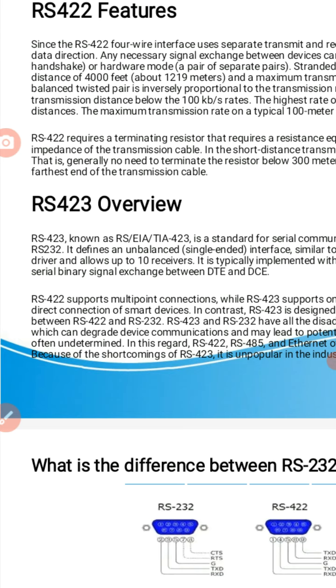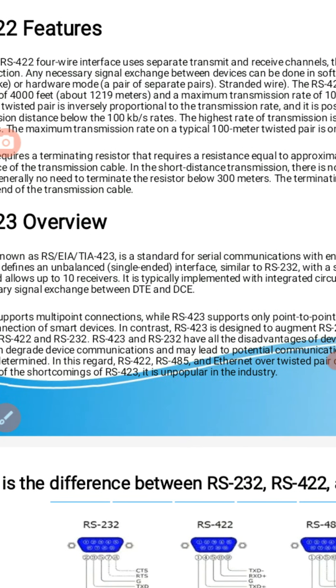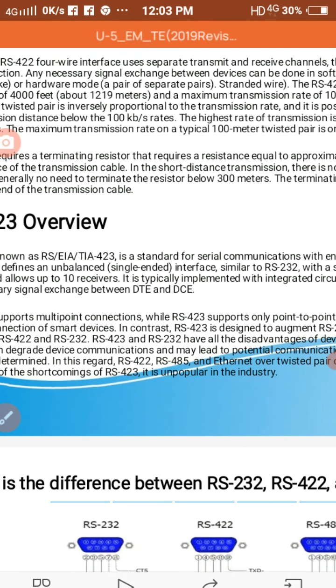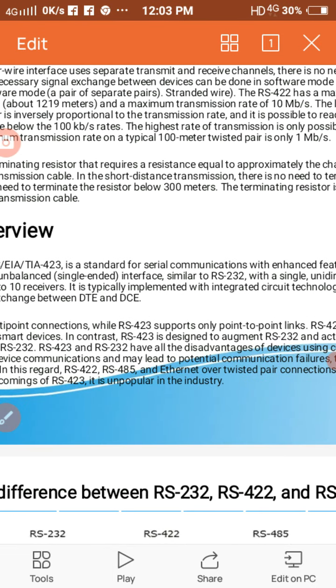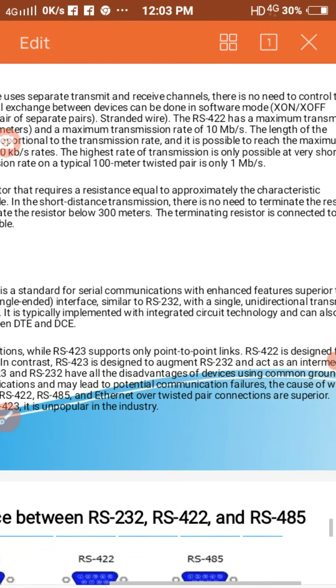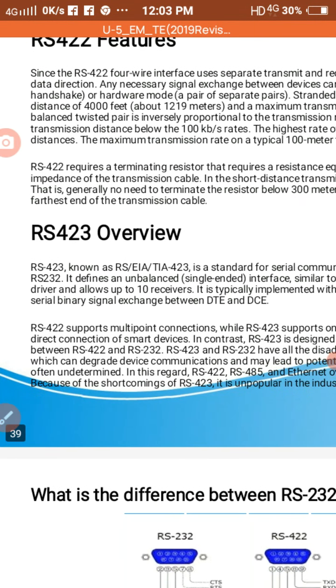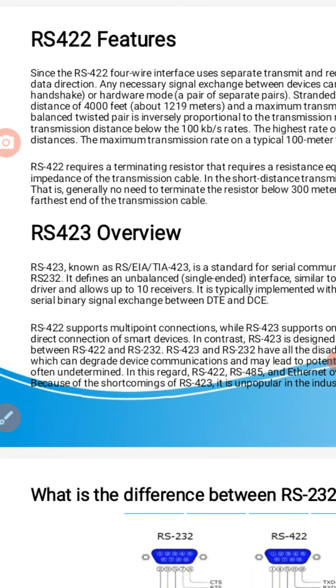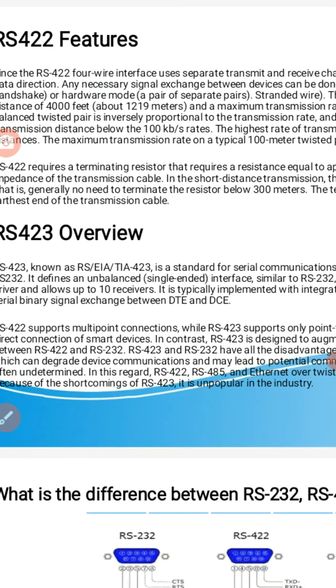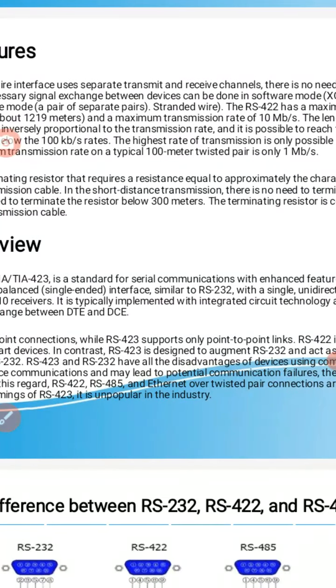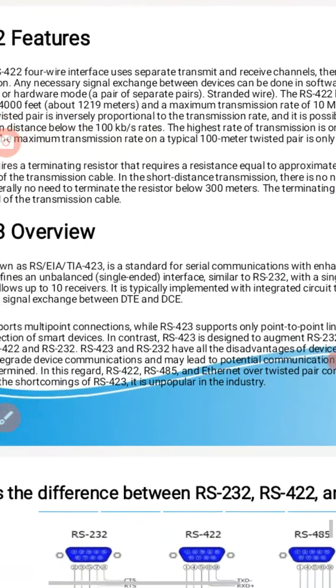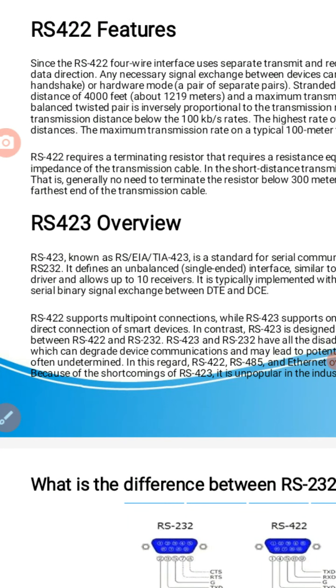It defines an unbalanced interface similar to RS232, with a single unidirectional transmit driver and allows up to 10 receivers. It is typically implemented with IC technology and can also be used for serial binary signal exchange between DTE and DCE.